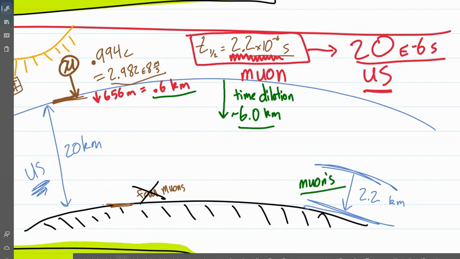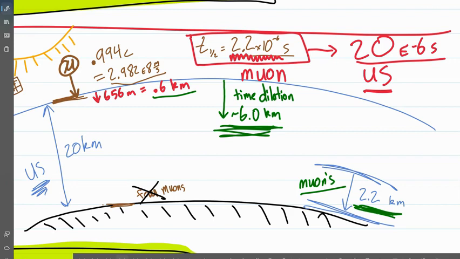They see a distance of 2.2 kilometers, which, accounting for time dilation, it can travel 6 kilometers in one half-life, but the muon only needs to travel 2 kilometers because from its perspective, it only has to travel 2 kilometers to the Earth's surface. We see 20 kilometers. The muon sees 2.2 kilometers.